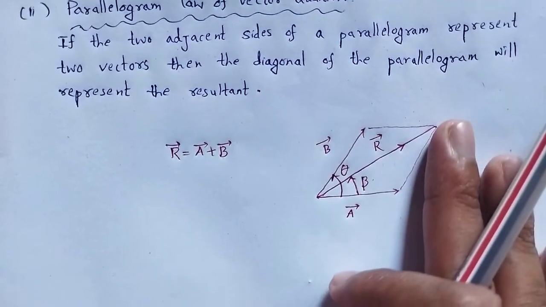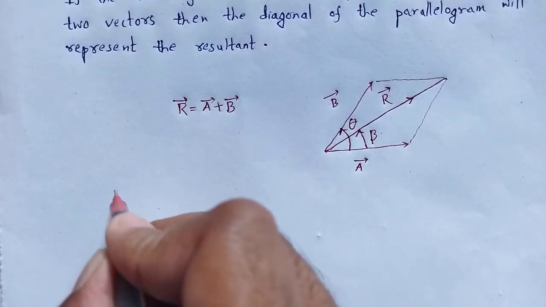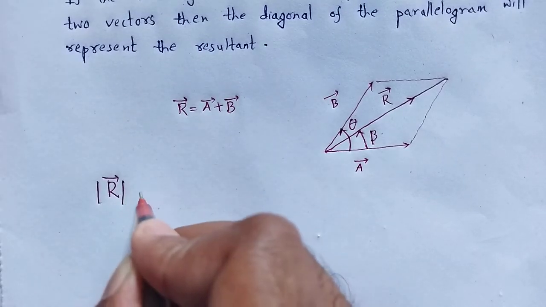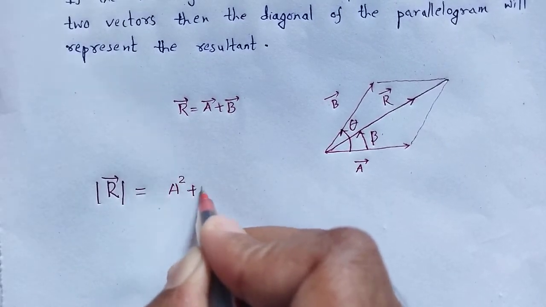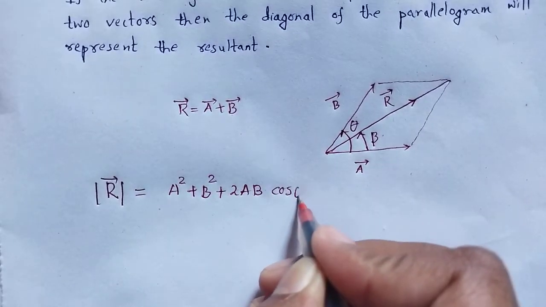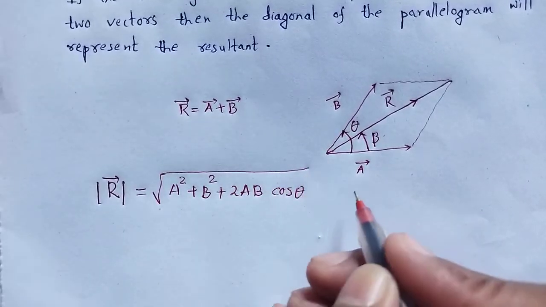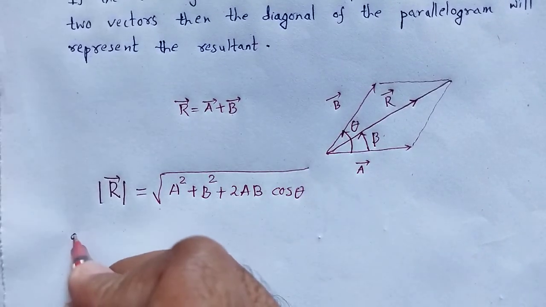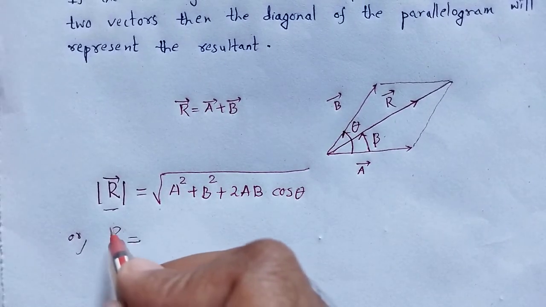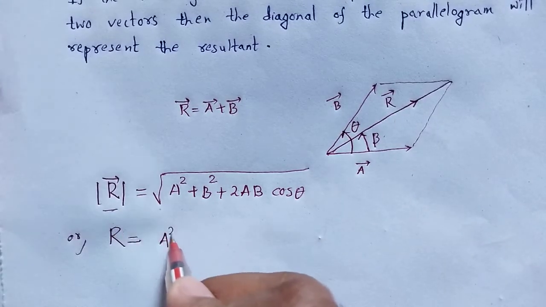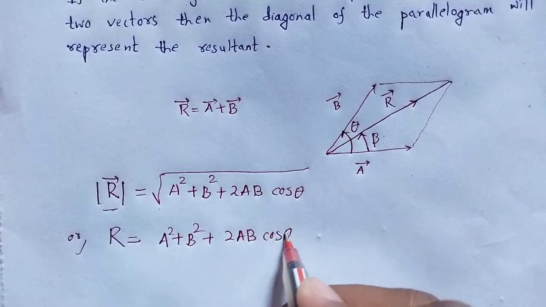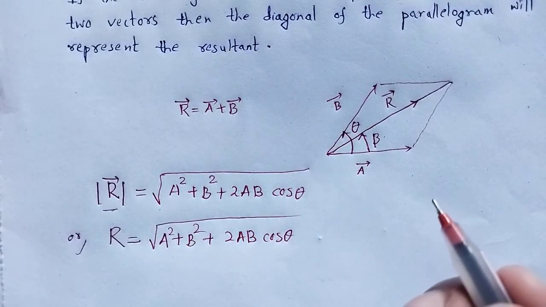Then the magnitude of the resultant R is given by the square root of A square plus B square plus 2AB cos theta.